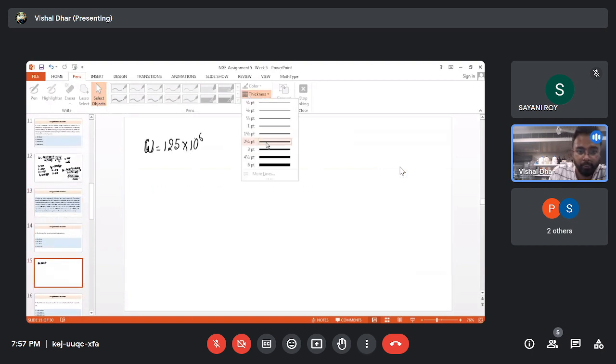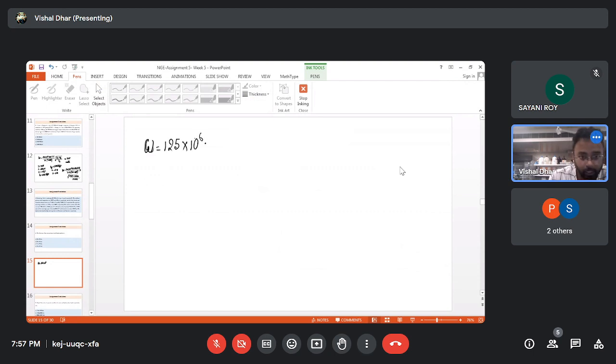So we have to find the mass flow rate, right? So it will be 125 into 10 to the power 6 SCF per day. We'll change it into mass.